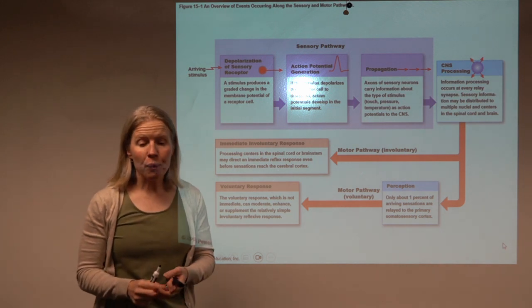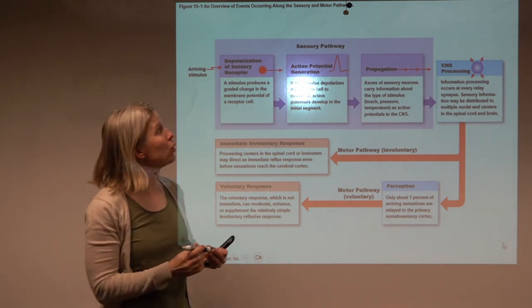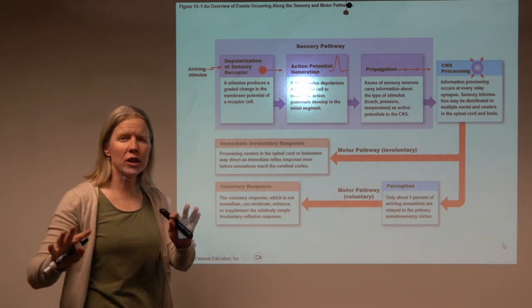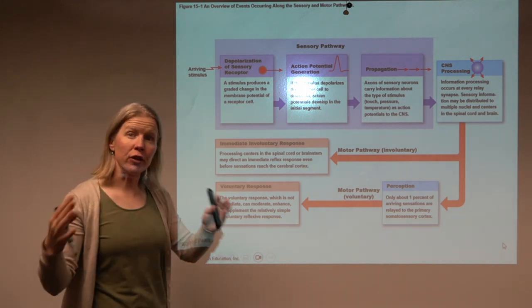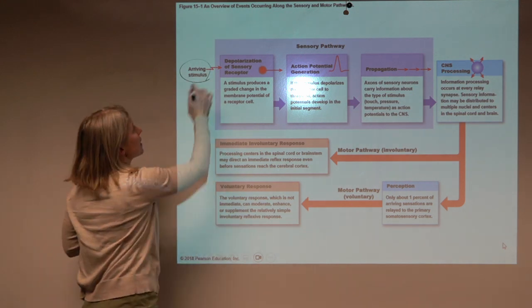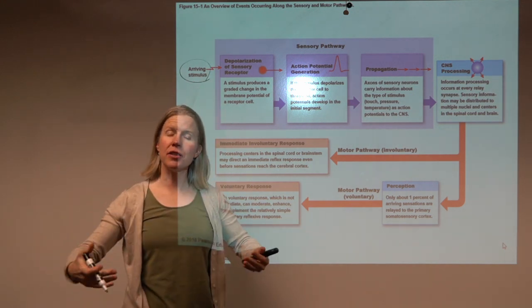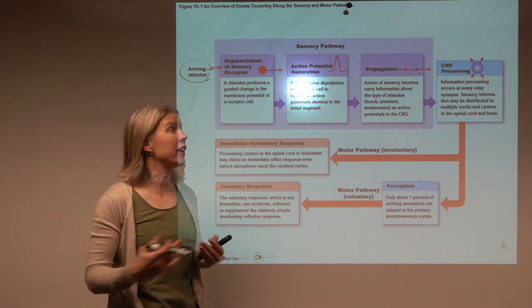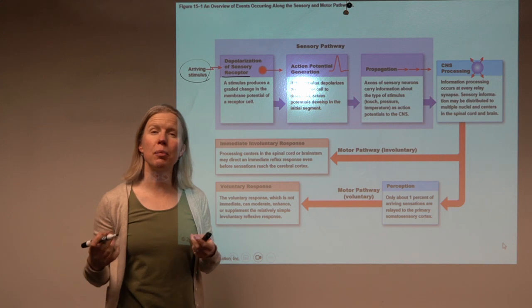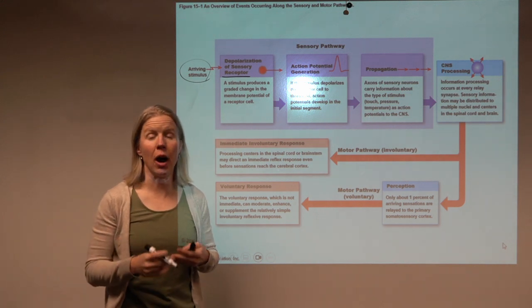Okay. Now, again, as we're looking at how our body deals with sensory info, we've already talked about this superficially. We're going to dive more in this chapter. Again, understanding this idea that there has to be some kind of stimulus that's arriving, we need a receptor to actually pick that information up.